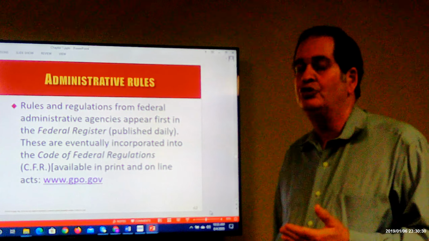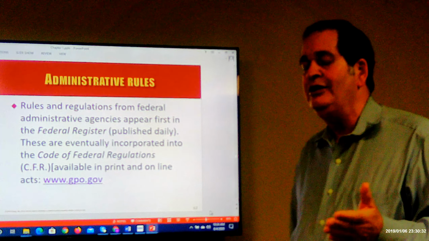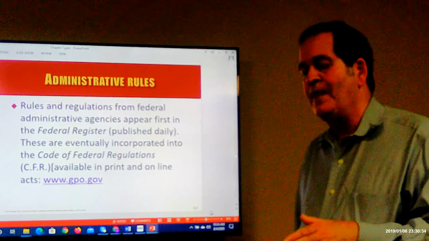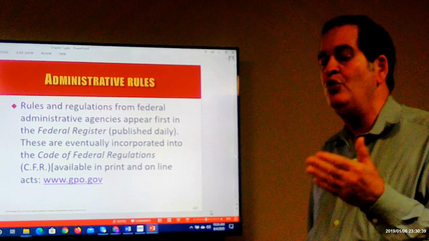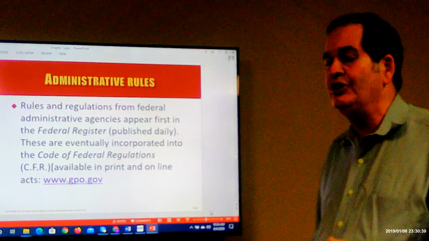And oftentimes those trade magazines will have articles dealing with the subject that you are involved in, and will give you references to those administrative rules or regulations.